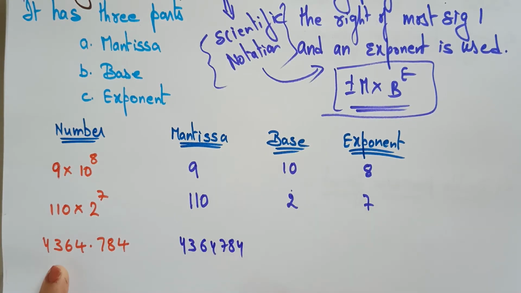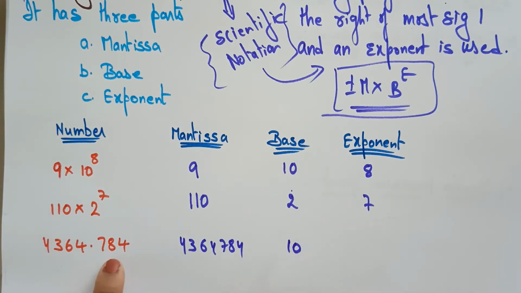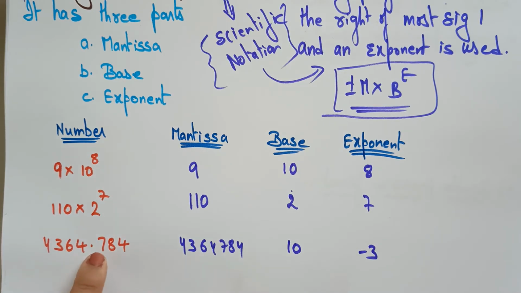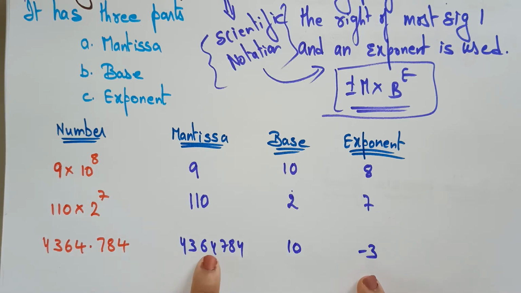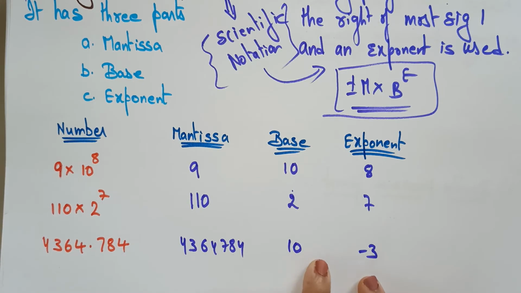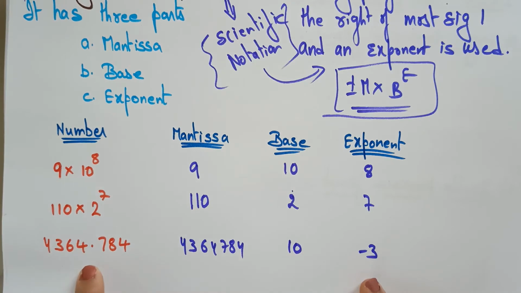And what is the base? The base is 10, and the exponent is minus 3, because I shifted the dot here. Whenever I move the decimal point, you get the exponent 10 power minus 3. 4364784 into 10 power minus 3 is nothing but this value.